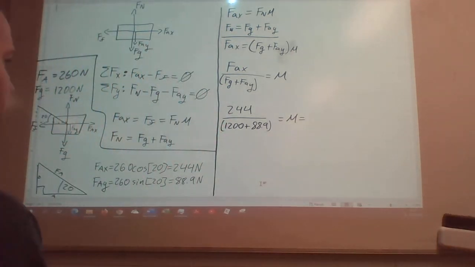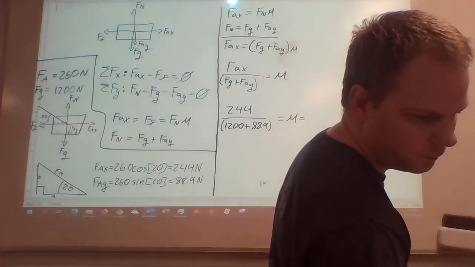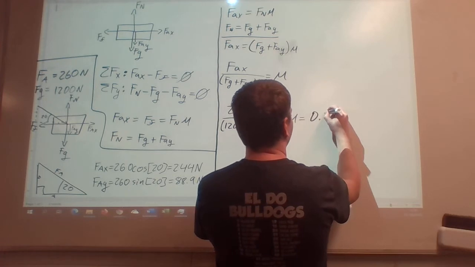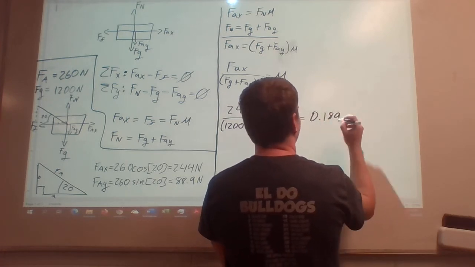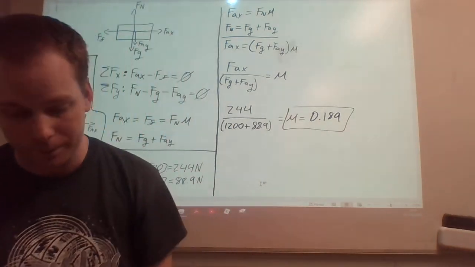And that comes out to 244 divided by 1,200 plus 88.9. Okay, doubting myself there for a second. That gives us 0.189 for our coefficient of friction, which is the first half of the problem.